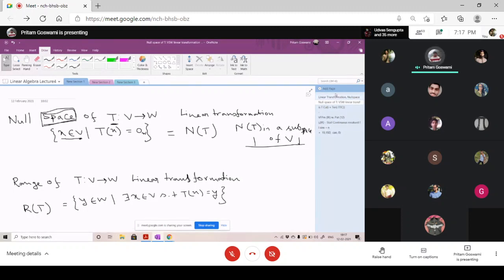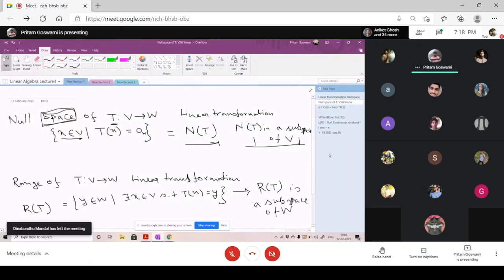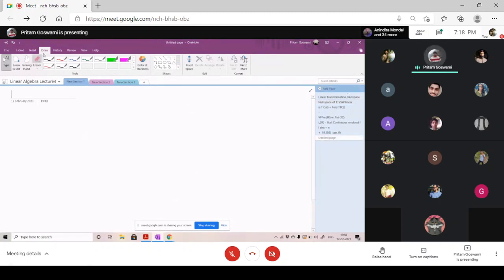Now, the null space is a subspace, I told you. The range is also a subspace of a vector space. Which vector space? Range of T will be a subspace of which vector space? W. So range of T is a subspace of vector space W. Now, I told you about the dimension of a vector space.